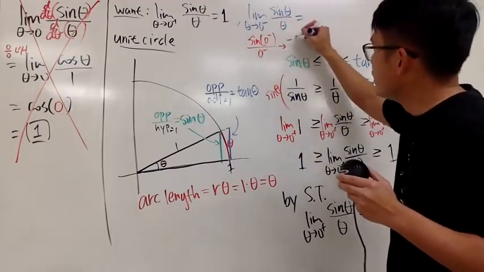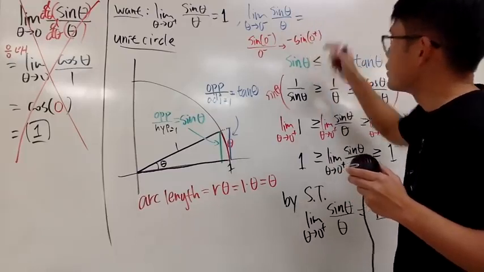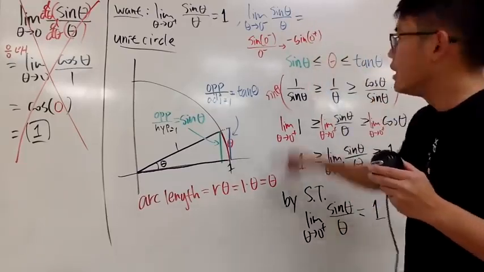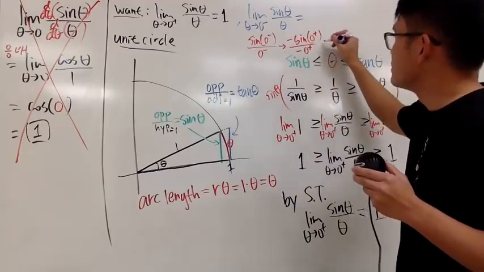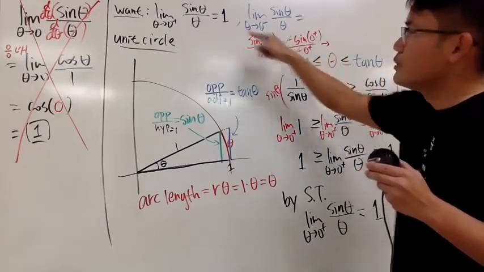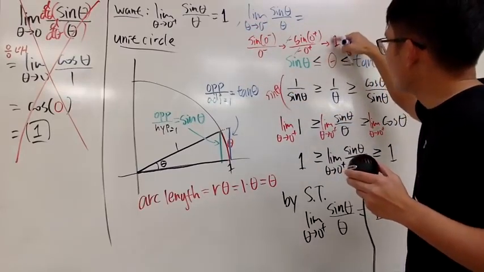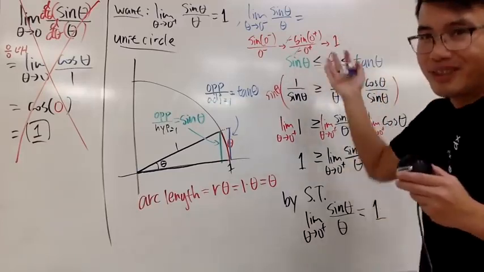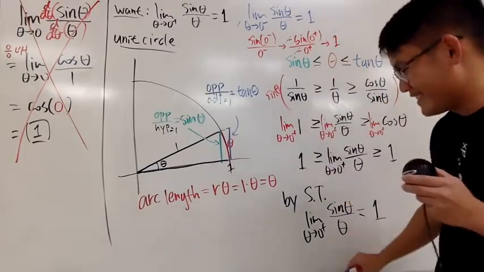So you have negative of sine, and the input now will be the positive version, namely 0 plus. Likewise, 0 minus is like saying negative of the 0 plus. Negative, negative cancel. This right here gives you 1 because of that. It depends on how much work you have to show, but hopefully this is a good enough argument for many of you guys.